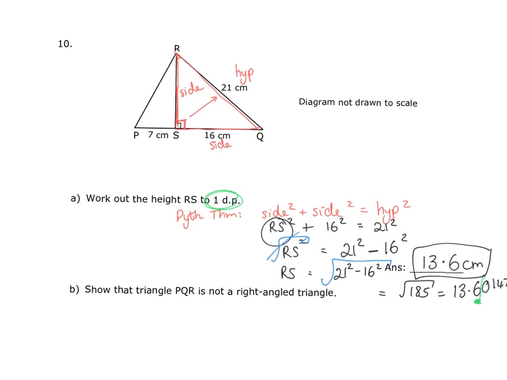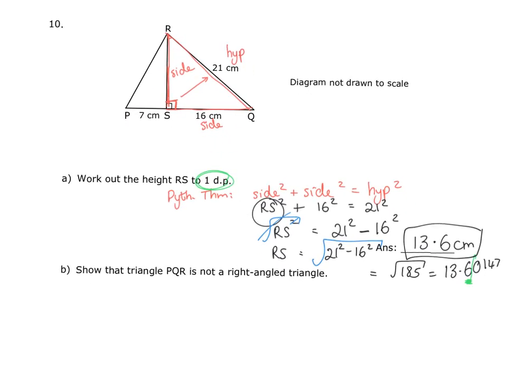To check if that is a right-angled triangle or not, we need to use Pythagoras theorem. And to do that, we need this side, and this side, all three sides. But we don't know this side. So we have to find that side first by focusing on this triangle over here, which is right angled.